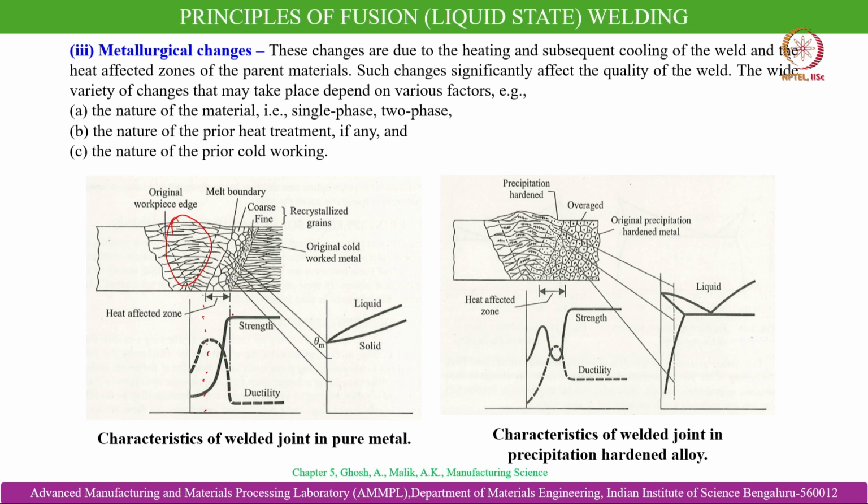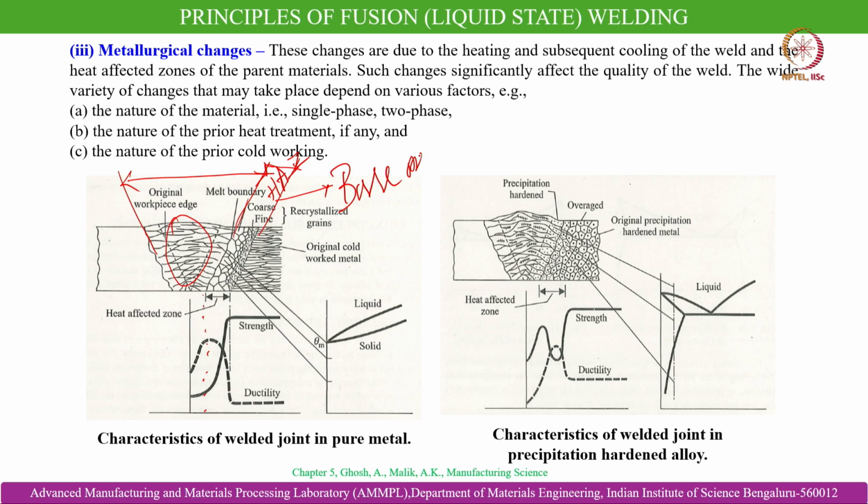Because of the heat generated, this is the heat affected zone, HAZ, if I increase the size. This is the zone where the weld pool has formed, this is the region called HAZ, heat affected zone, and beyond that is the base metal.